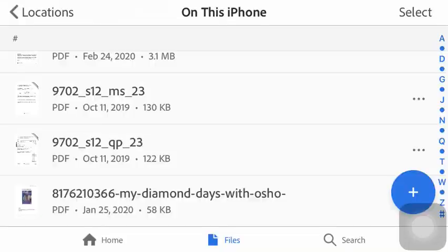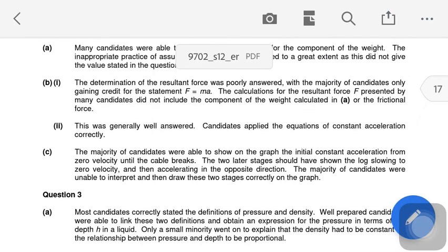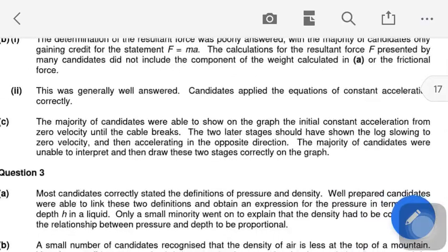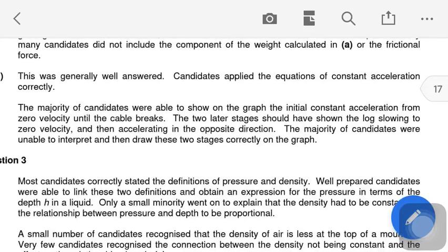Then how people have done it in the real exam: the two later stages should have shown the log slowing to zero velocity. The majority of the candidates were unable to interpret and then draw these two stages. So not only a few, but a lot of people found it difficult to draw the last two parts.